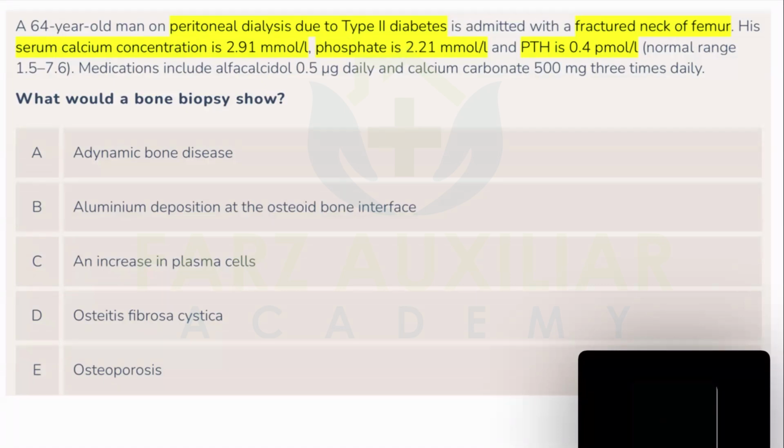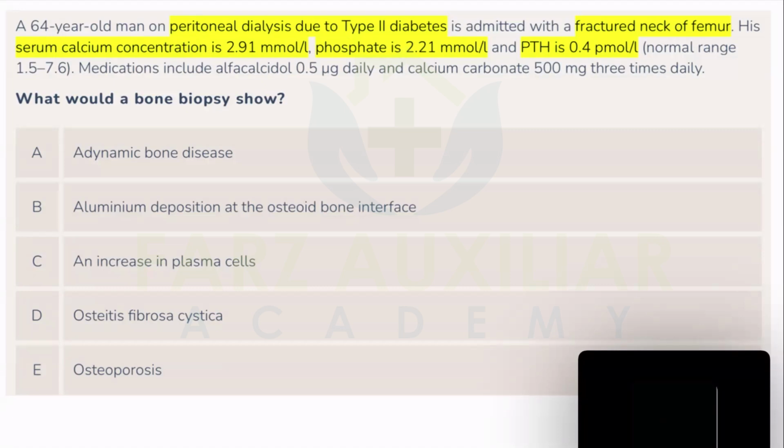So then why is option E not correct? Option A is correct, right? Adynamic. Osteoporosis. Yeah, but only osteoporosis will not explain why the parathormone level is low also, right? And the patient is a CKD patient, and adynamic bone disease fulfills everything. See, the patient is on peritoneal dialysis.